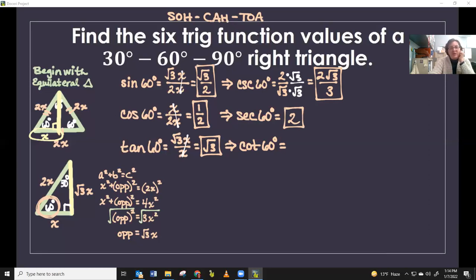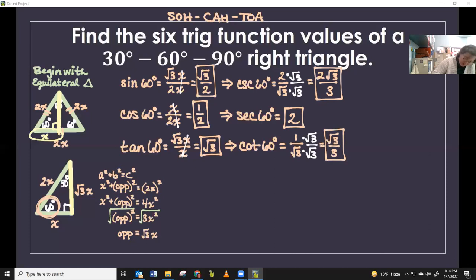What about cotangent of 60? Square root of 3 over 3. Absolutely, because we would have 1 over square root of 3. Rationalize that denominator. And so we're going to have square root of 3 over 3.